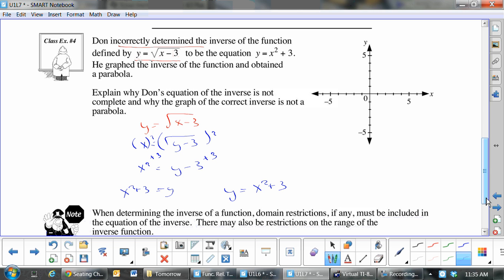Okay, where did we make our mistake? I added 3 to both sides to get that -3 out of that. I just got rid of my square root.